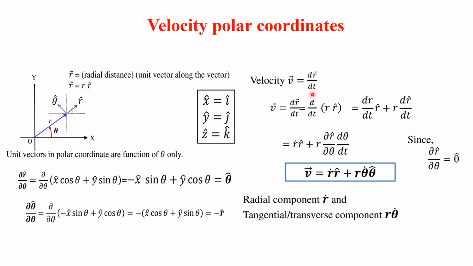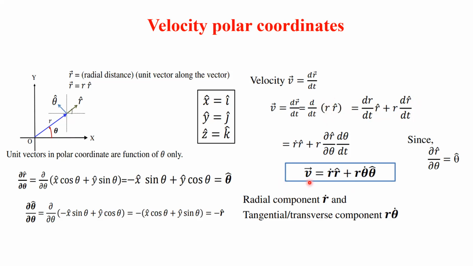So you get these equations for R cap and theta cap. Velocity vector is equal to dr by dt. Therefore, dr by dt, where R vector is R into R cap, is dr by dt into R cap plus R into dR cap by dt. So you have to use the product rule of derivatives. First you differentiate R, keeping the R cap as such, and you differentiate R cap, keeping the R as such.